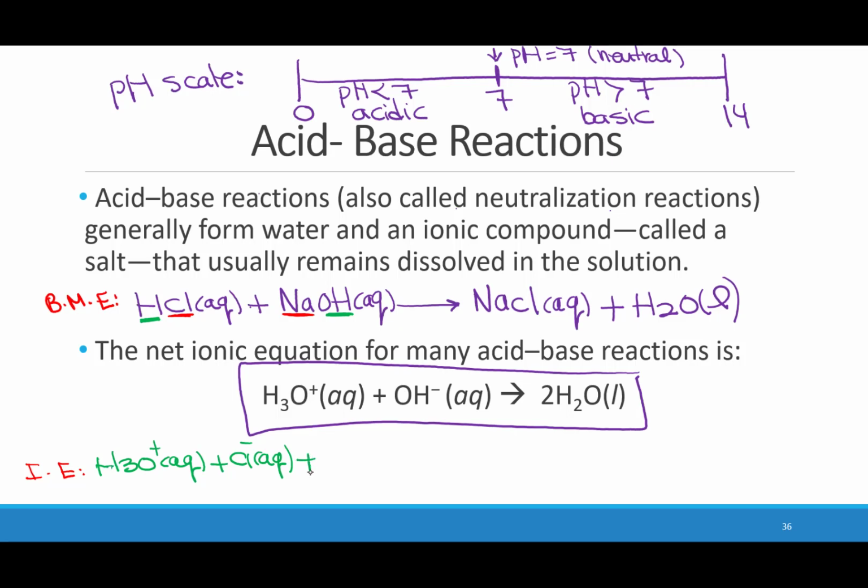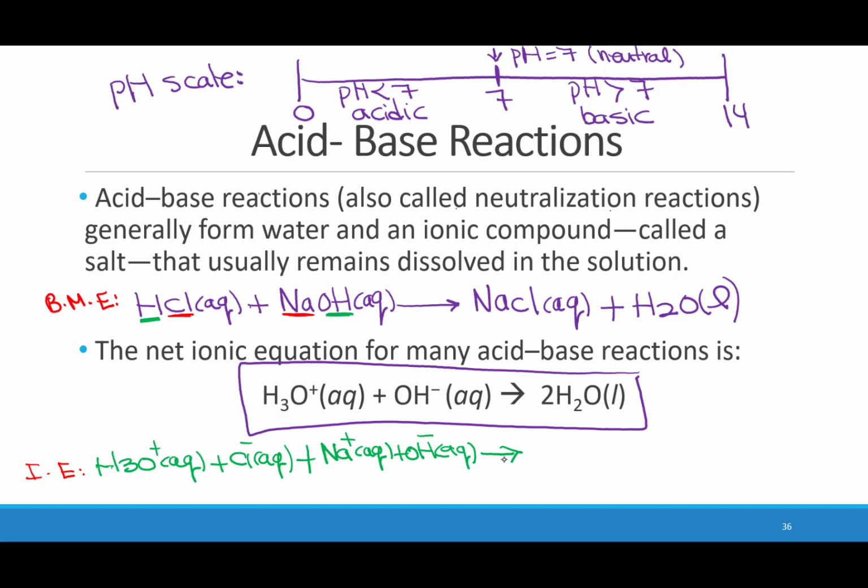Now, sodium hydroxide is a strong base. It will undergo separation, which means it produces sodium ion and hydroxide ion. Okay, now look at the product side. Sodium chloride. What is it? An ionic compound. What's the state of it? Aqueous.